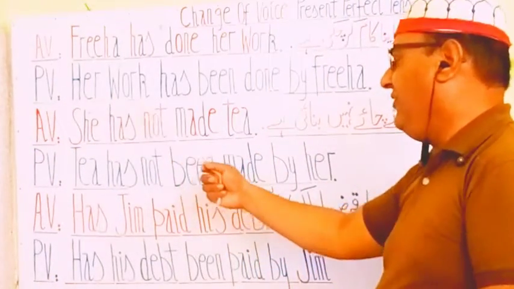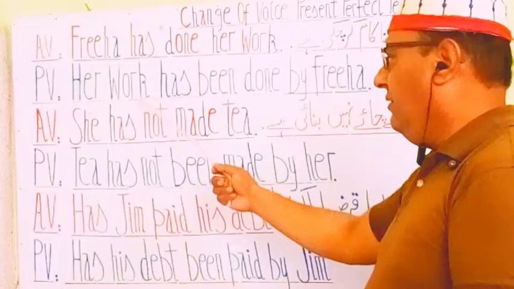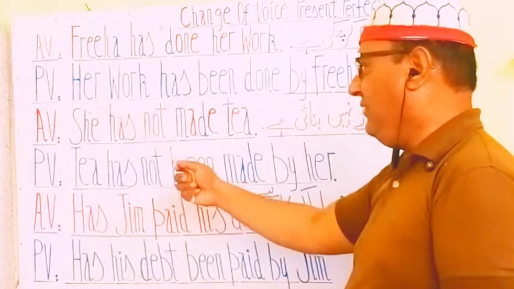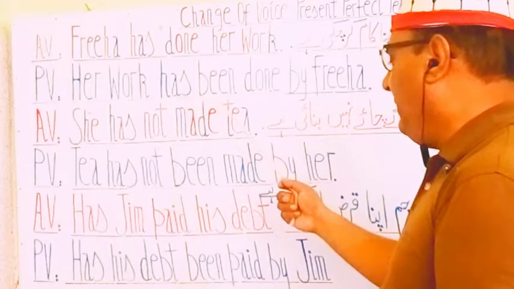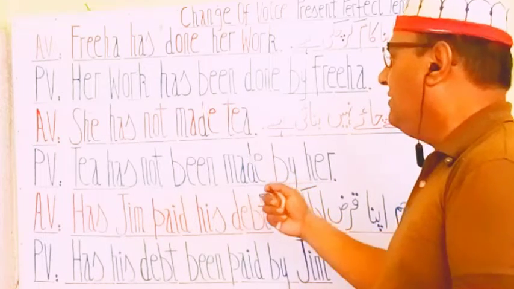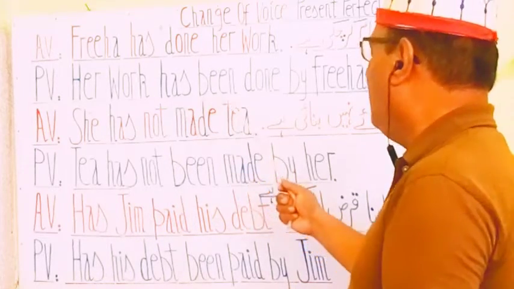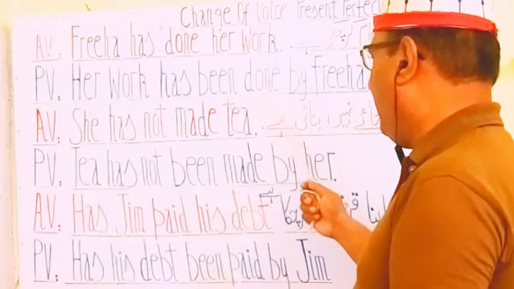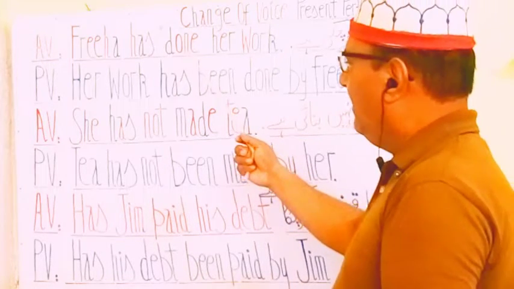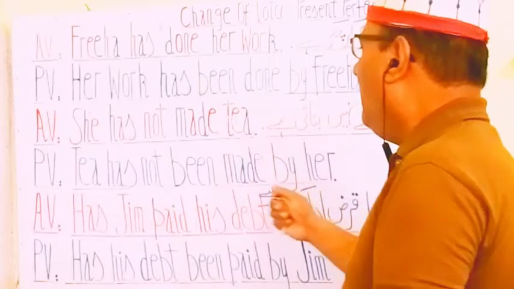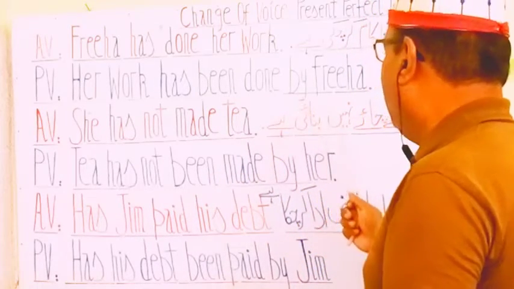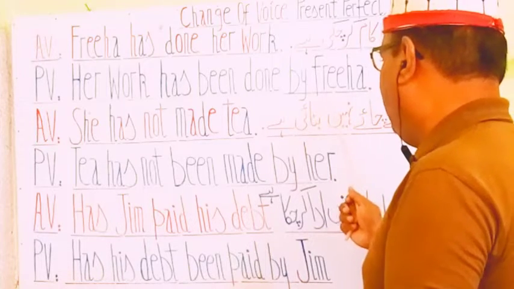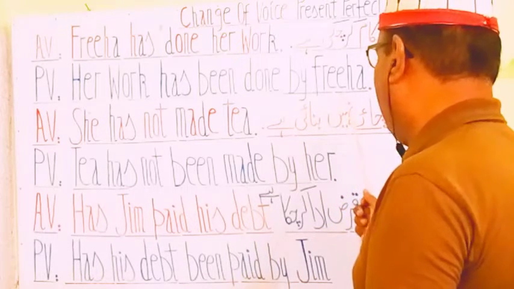In the passive statement, her work will stand as the subject. So her work has been. Been is added for the passive. So her work has been, and the third form of the verb as it is in the active voice, done. Her work has been done, connected by, and the object Friha will stand here.